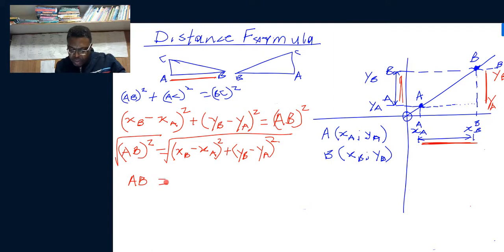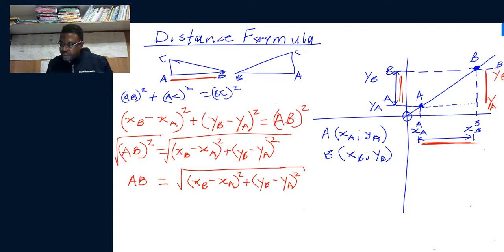is equal to the square root of (xb minus xa) all squared plus (yb minus ya) all squared.